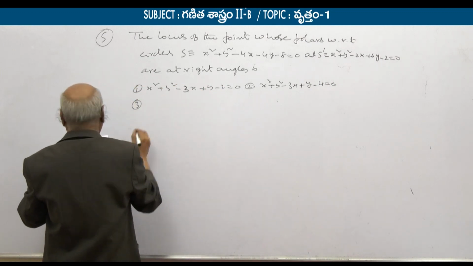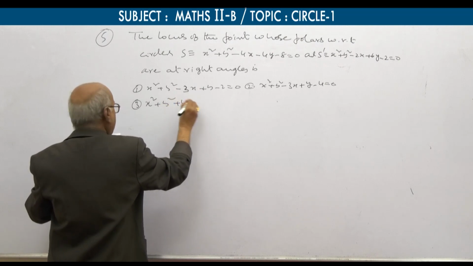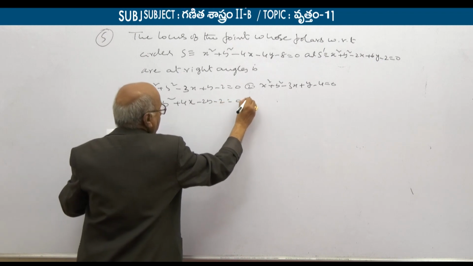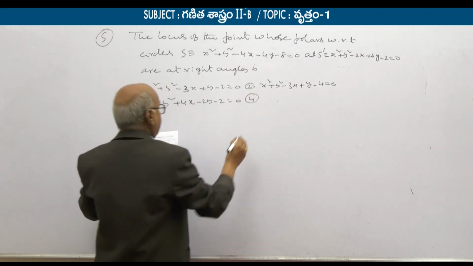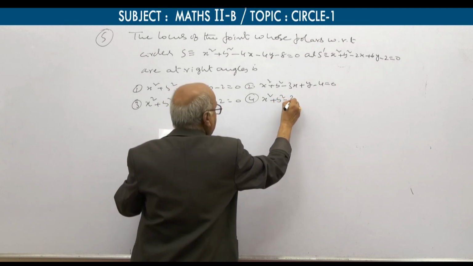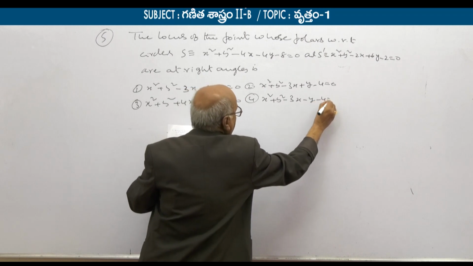Number 3: x square plus y square plus 4x minus 2y minus 2 equal to 0. Number 4: x square plus y square minus 3x minus y minus 4 equal to 0.